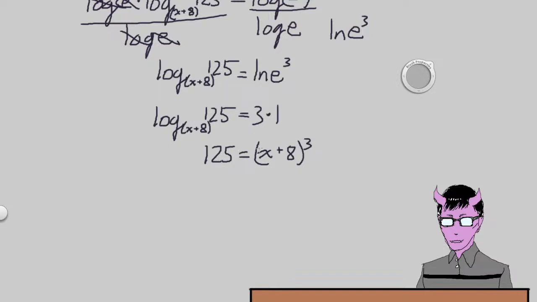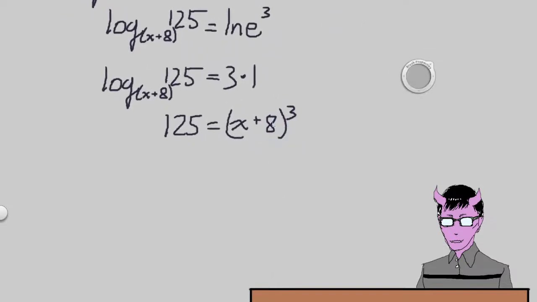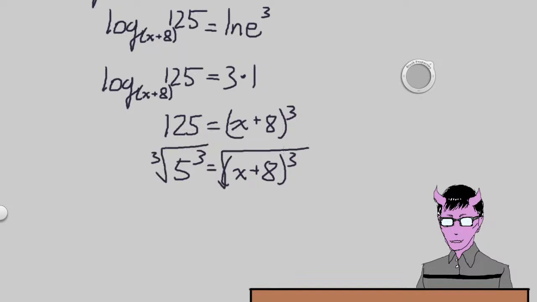And of course, this takes us to a classic situation we've already encountered in the exponents. This is 5 to the power of 3. We have successfully matched the exponents. And thankfully, we have odd exponents, so we don't need to worry about plus or minuses. So therefore, if you just simply take the cubic root of both sides, 5 is equal to x plus 8.